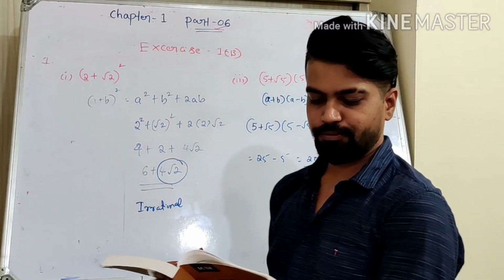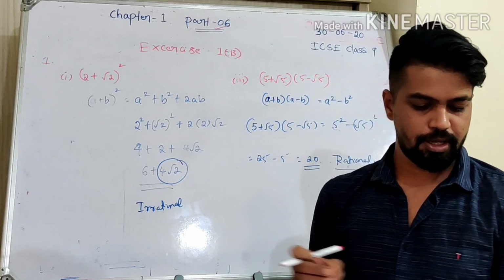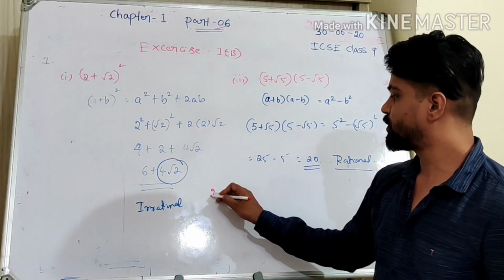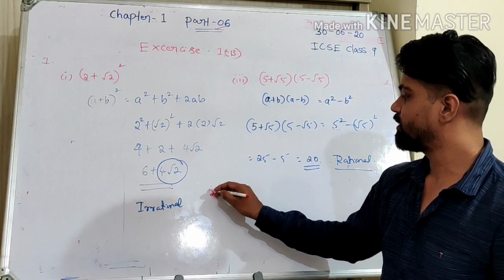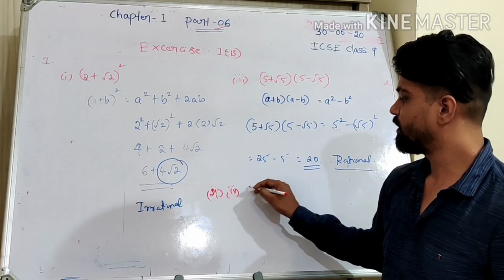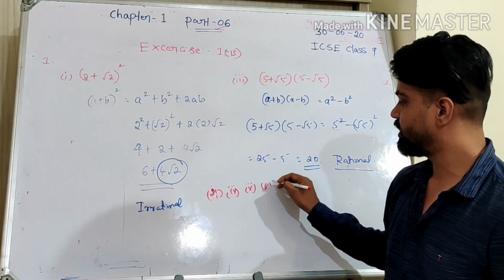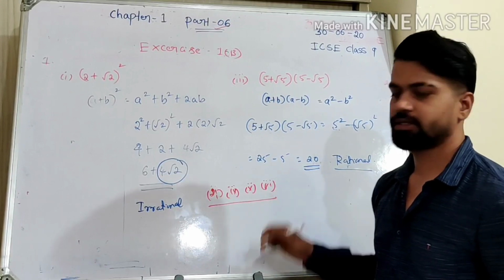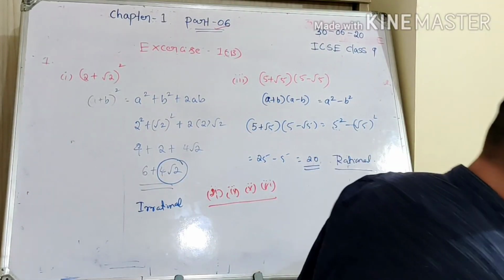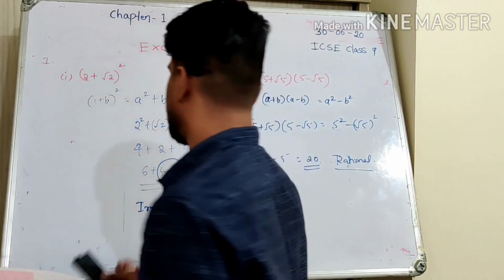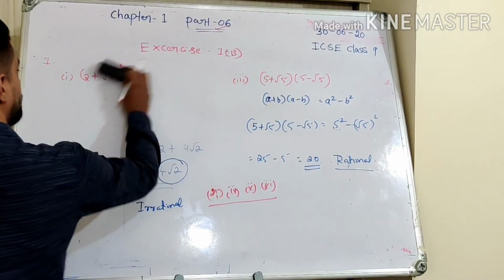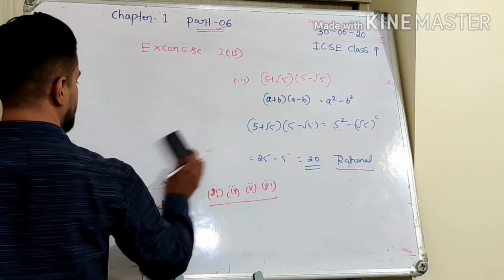So I am leaving the 4th, 5th and 6th to you, as well as the second. So question number 2, the 4th one, 5th one and 6th one are your work. There is nothing special here. We just have to solve, simplify, and check at the end whether we have a rational or irrational part remaining.